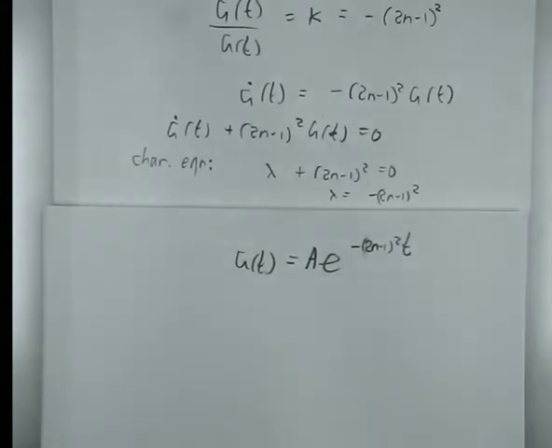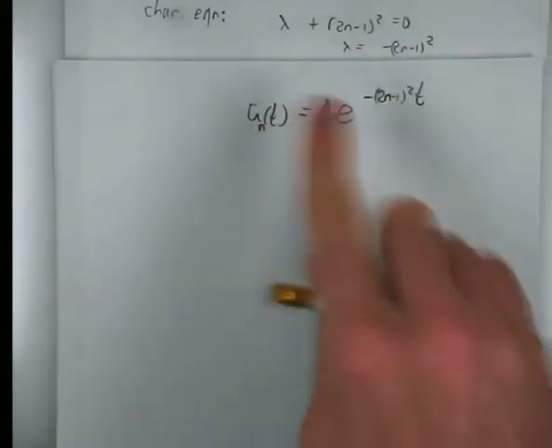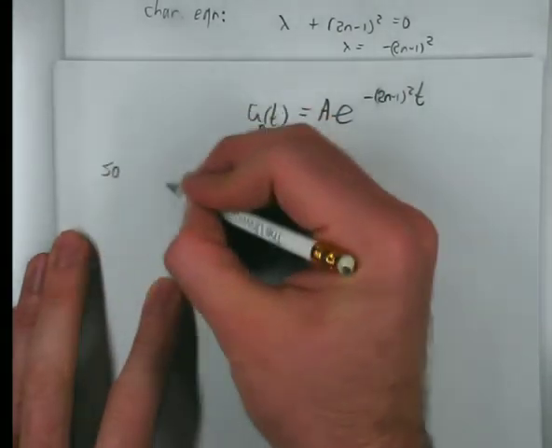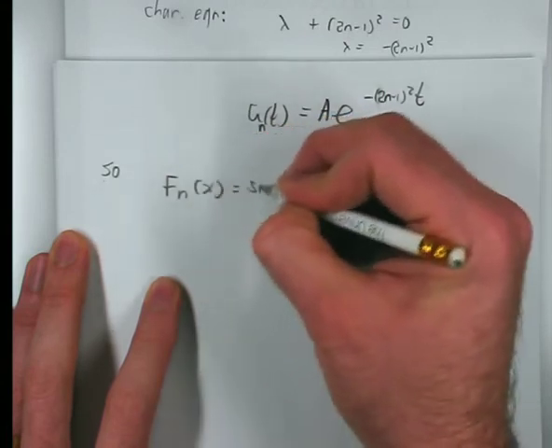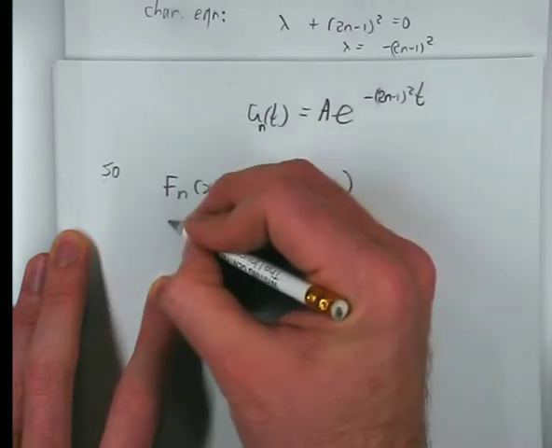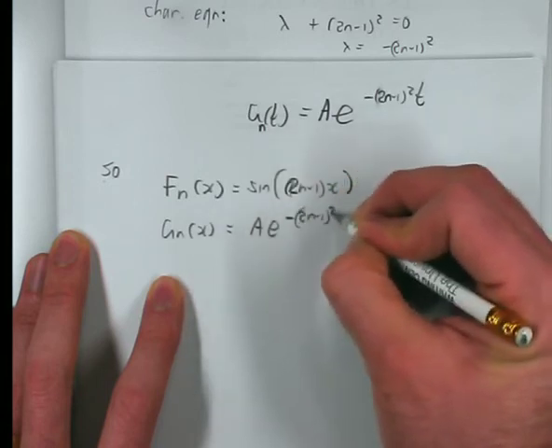Okay. Now if I was doing a second order one, there would have been two constants, like an a and a b. Okay. Now this is the nth one though, because there's an n in this formula, it's gn. So now just to recap where I've been, f n x was sine of (2n minus 1) x, and g n t is a e to the minus (2n minus 1) squared t.